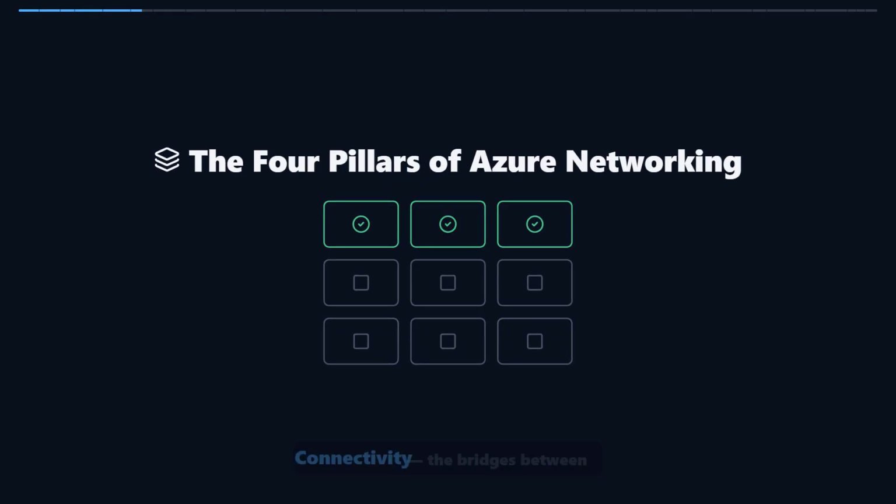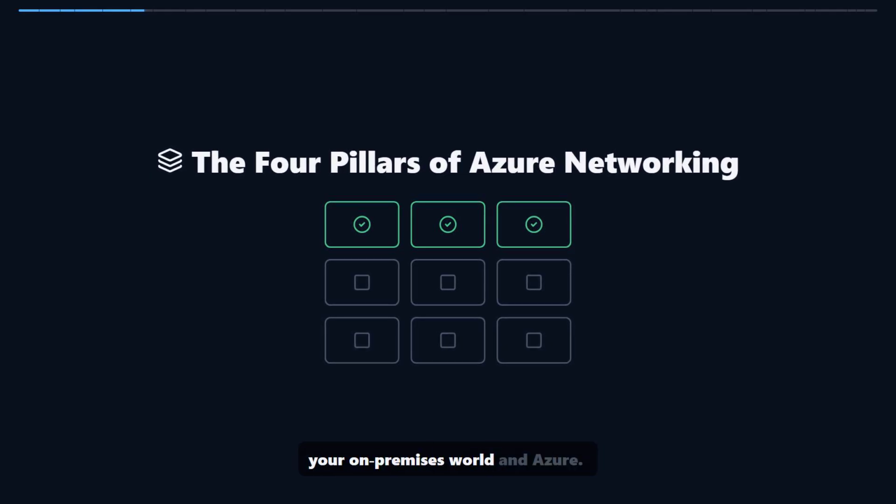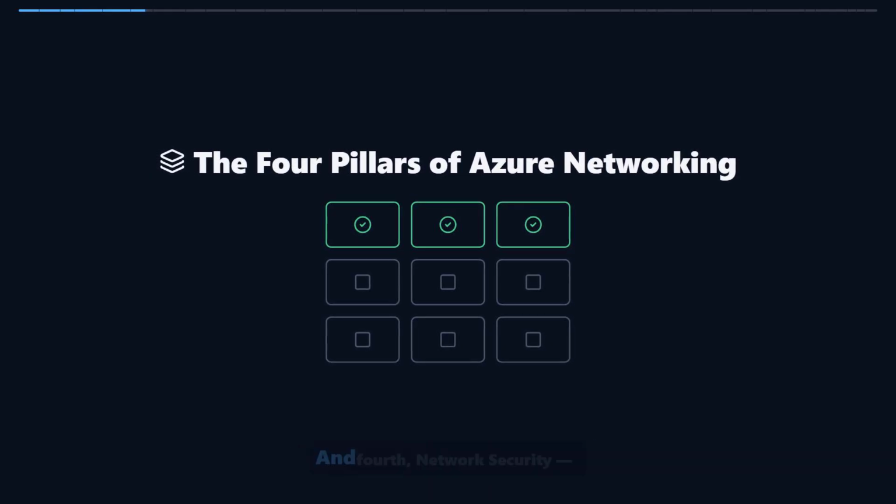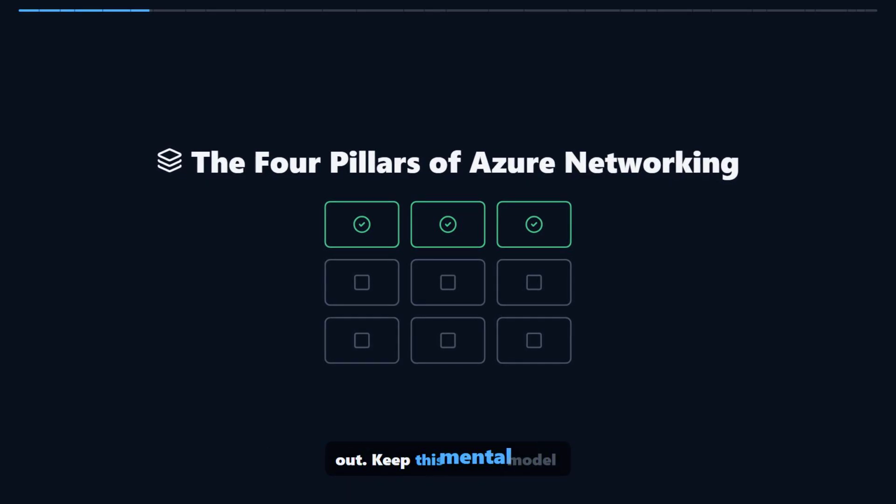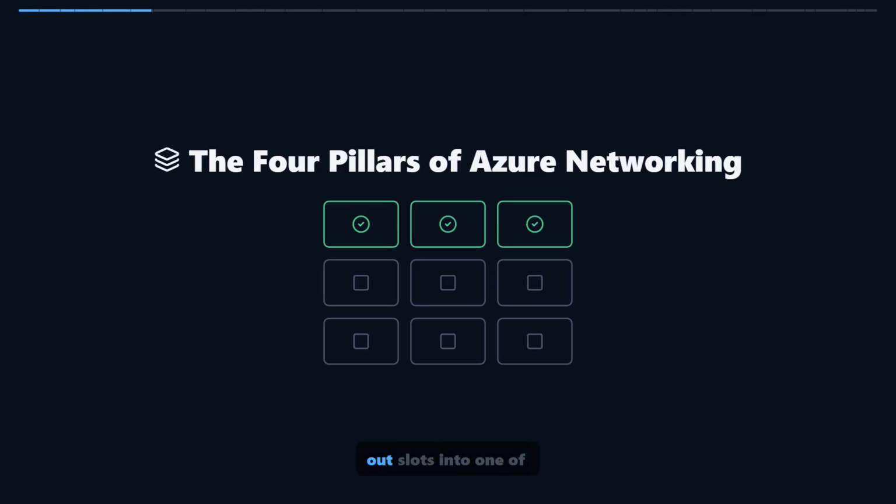Third, hybrid connectivity: the bridges between your on-premises world and Azure. And fourth, network security: firewalls, DDoS protection, and everything that keeps the bad guys out. Keep this mental model in your head. Every service we touch from here on out slots into one of these pillars.